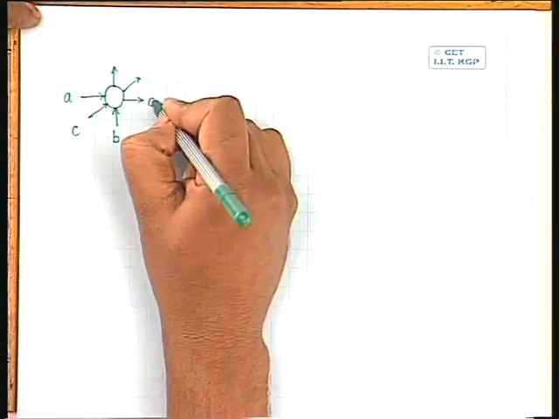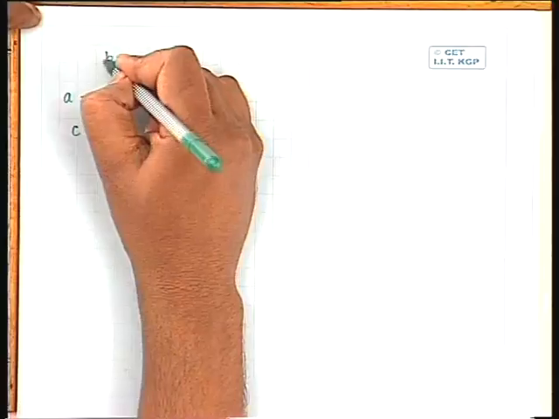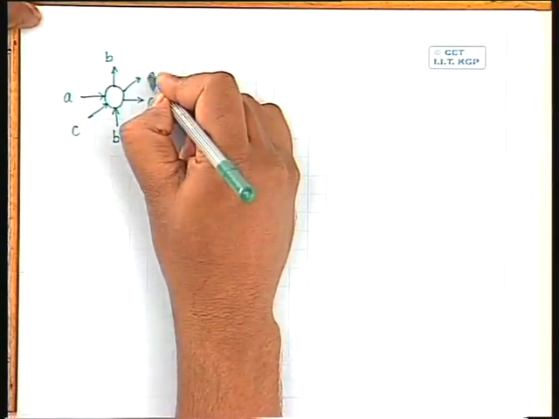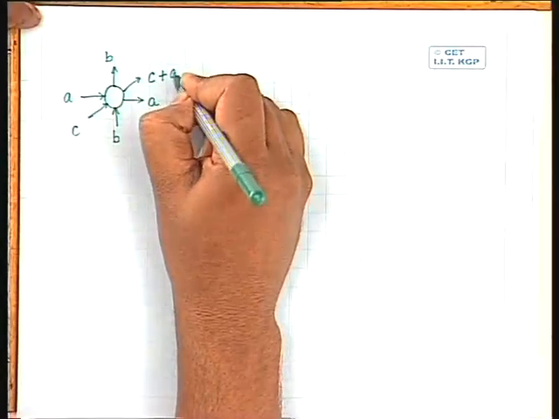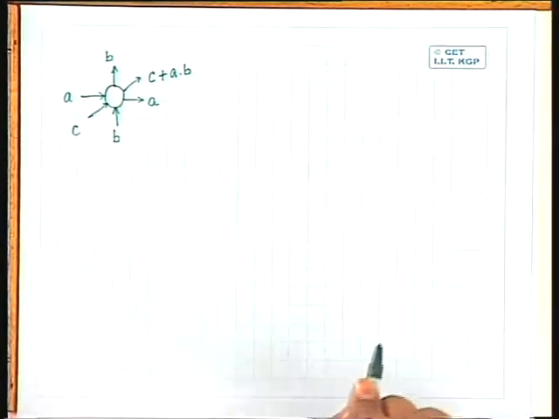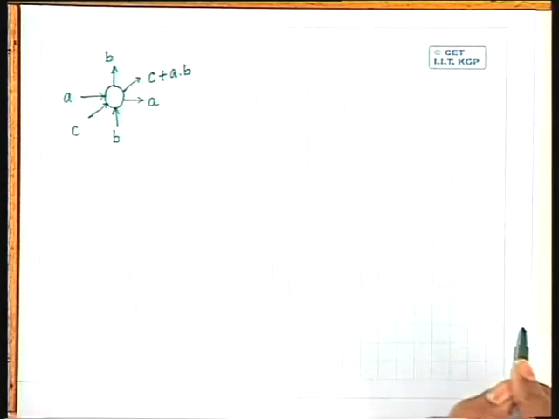So, here the output will be A, here the output will be B, whereas in the diagonal direction, the output will be C plus A into B. Okay. So, this is the processing element using which we will try to design a pipeline architecture so that I can multiply these 3 by 3 matrices. Okay. So the architecture will be something like this.